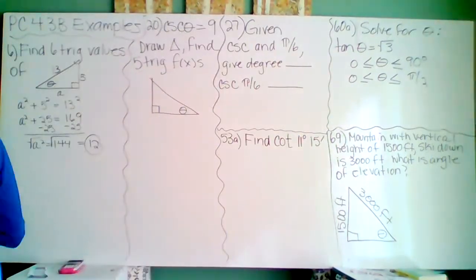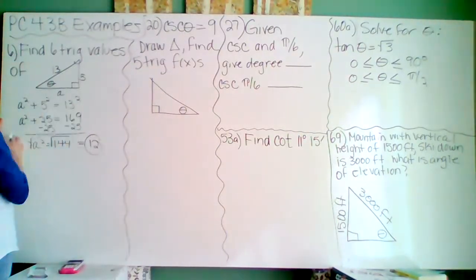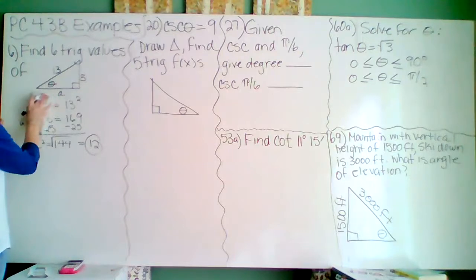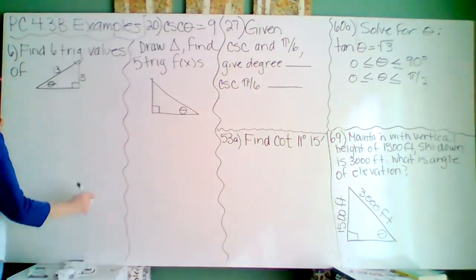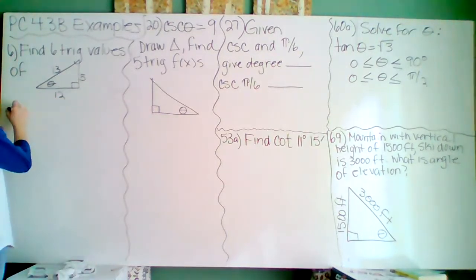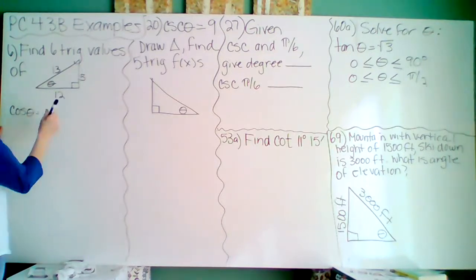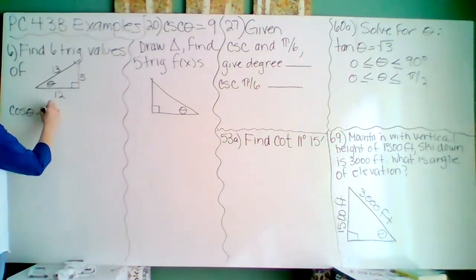So let's go ahead and put in a side of 12. Cosine of theta is the adjacent side over the hypotenuse.